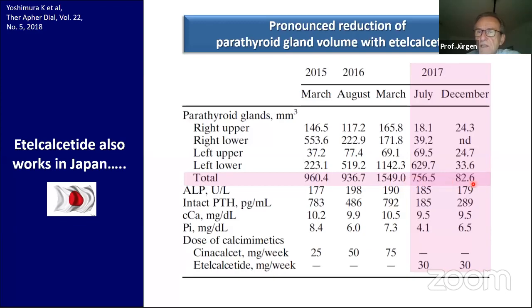And then they switched to etelcalcetide, and look at this. It decreased to 82 from 1,570. It took almost a year to do so, but it's a fascinating decrease. So etelcalcetide not only reduces PTH, it also reduces parathyroid hyperplasia.